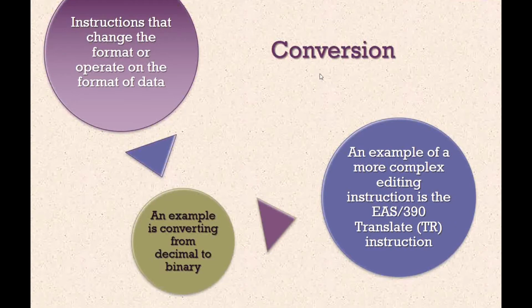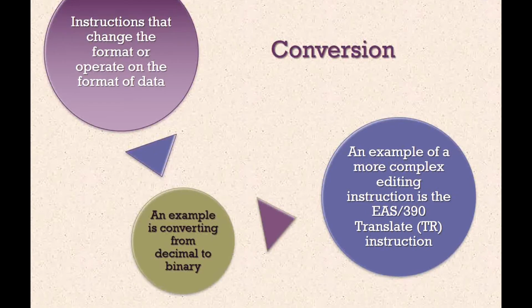So conversion: instructions that change the format or operate on the format of data. Conversion means which type of instruction we give, for example converting from decimal to binary. You have also read and been taught about converting from one number system to another.